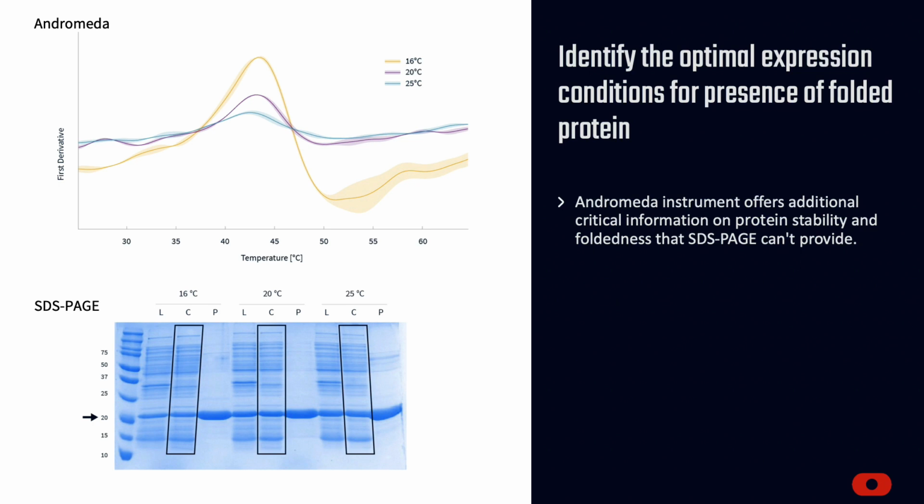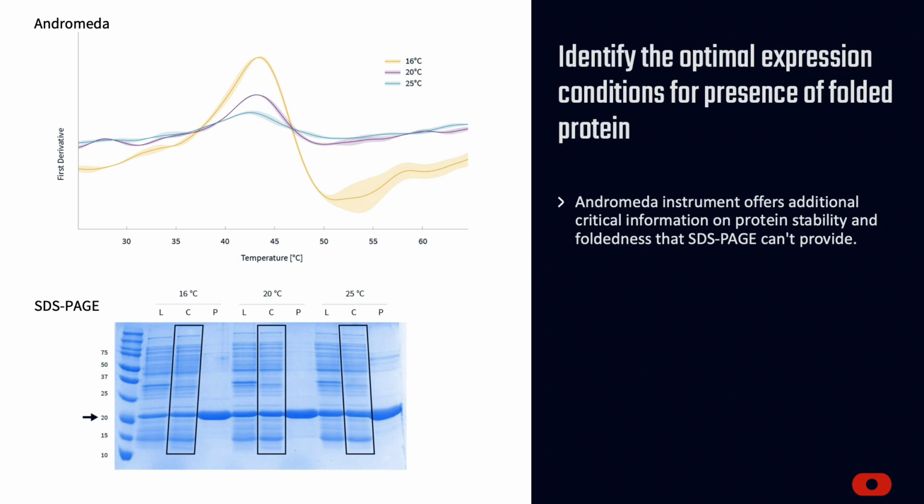Now, in this graph, these peaks show that there is folded protein present in each lysate, and the height of the peak corresponds to the amount of the folded protein in each sample. So what you can see is that actually there's a higher yield of folded protein when the E. coli is grown at 16 degrees rather than 25.